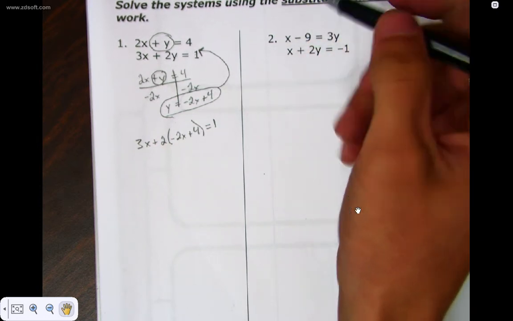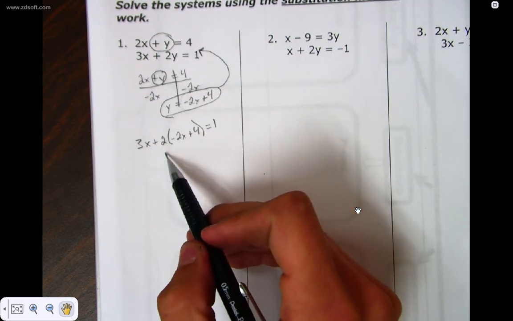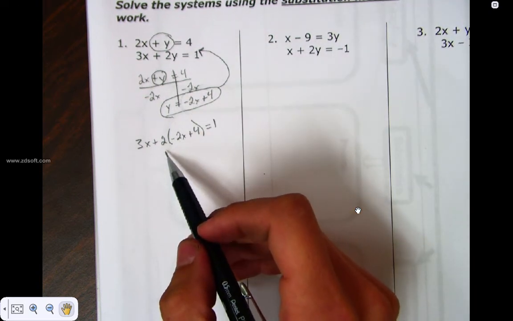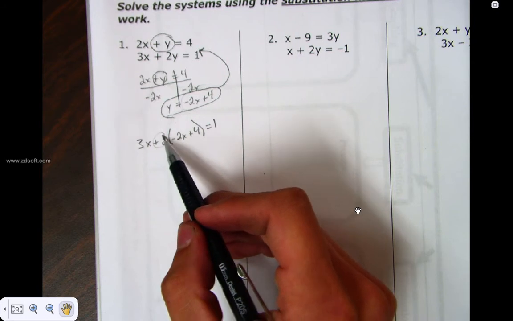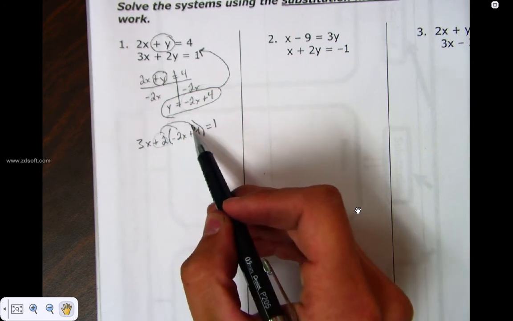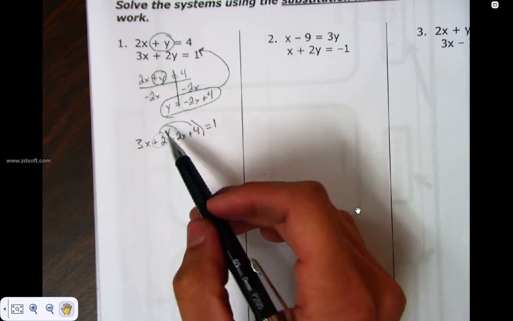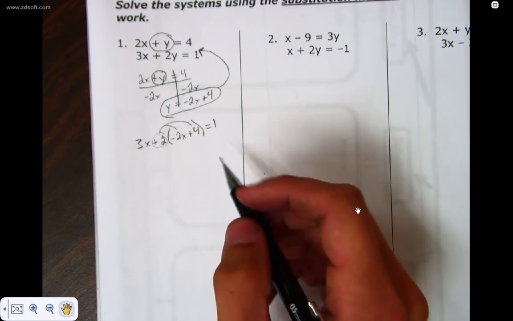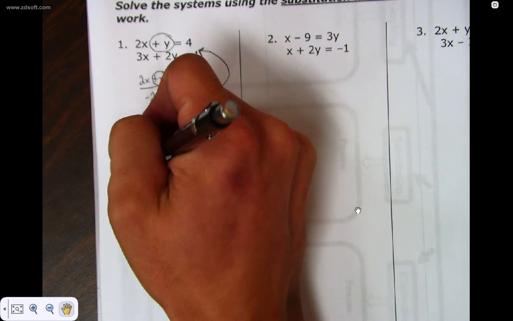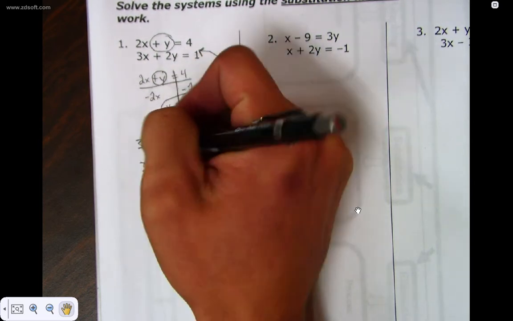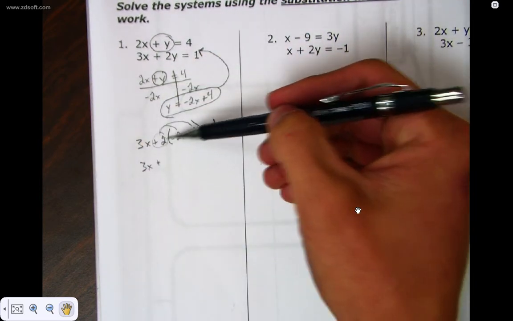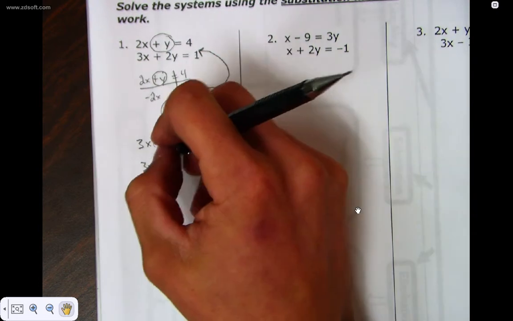Now I can solve this. I see a lot of people, before they actually distribute that positive 2 into the parentheses, try to combine the positive 3x and the negative 2x. So first distribute, then you can combine. So we're going to have 3x, actually it's going to be minus, so we've got positive 2 and a negative 2x.